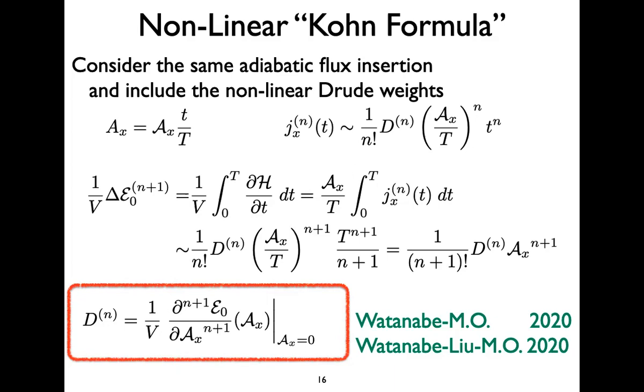So I think these are two related but separate issues. If the linear Drude weight vanishes but a higher order Drude weight is non-zero, should we call it a conductor or not?